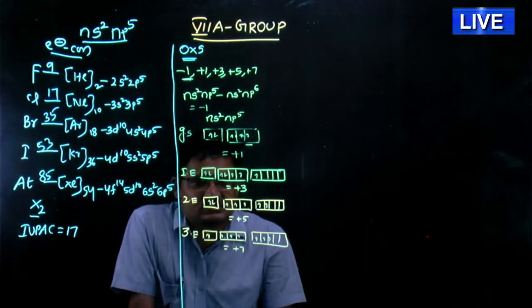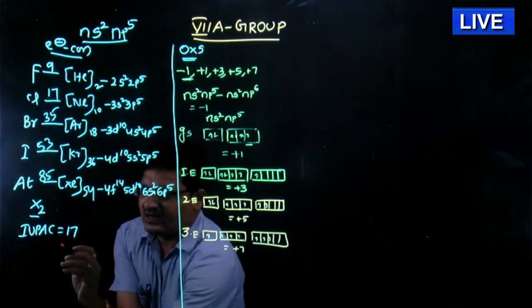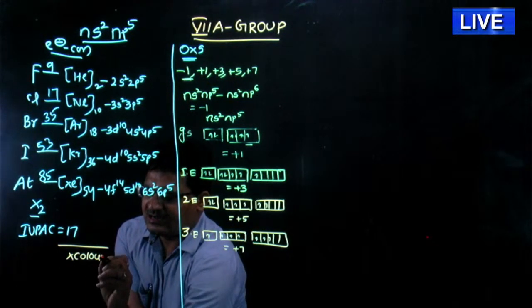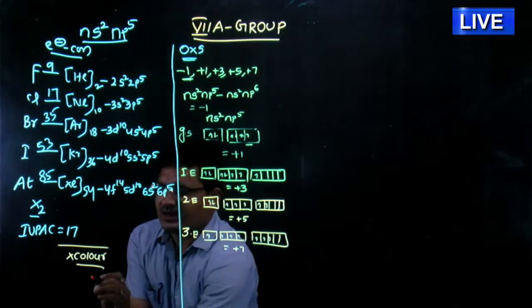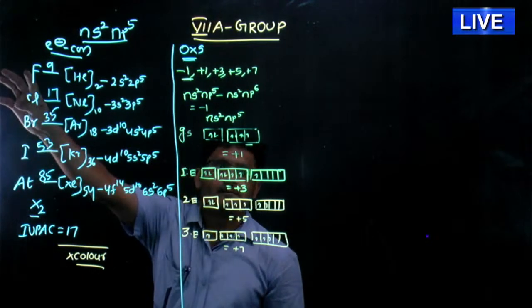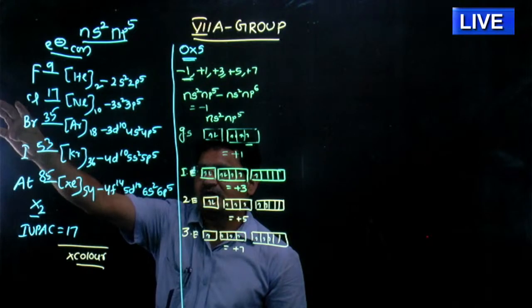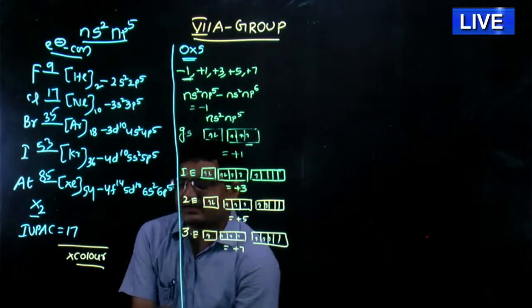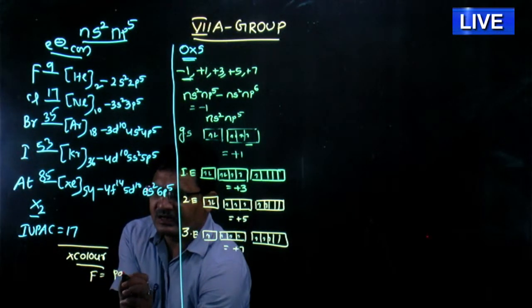This is oxidation states. Now, what are the colors of these halogen elements? Fluorine is pale yellow in color.